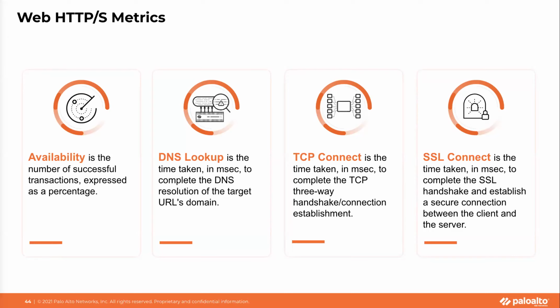The transaction is considered successful if there are no connection errors. DNS lookup is the time taken in milliseconds to complete the DNS resolution. TCP connect is the time taken in milliseconds for a three-way handshake. SSL connect is the time, also in milliseconds, to complete the SSL handshake to establish a secure connection.